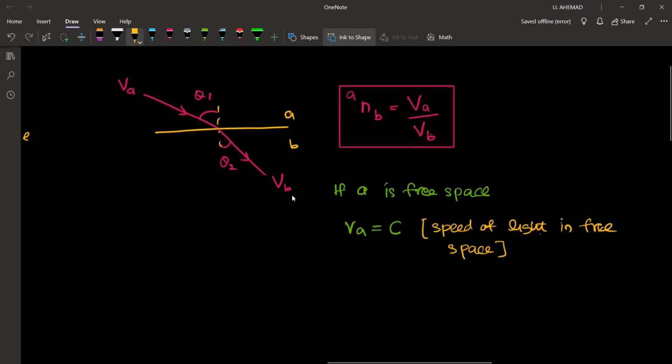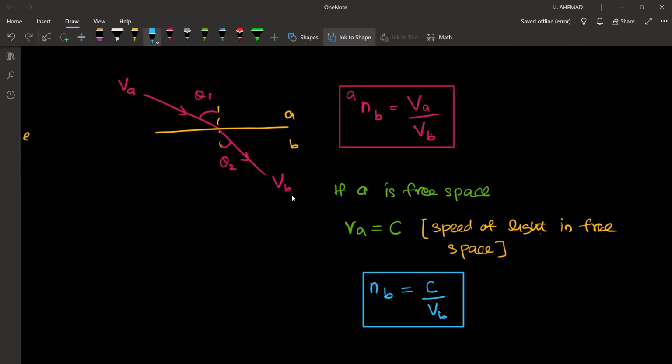Then we can rearrange the equation as NB is equal to C over VB. Why did I omit A? Now it's the absolute refractive index.